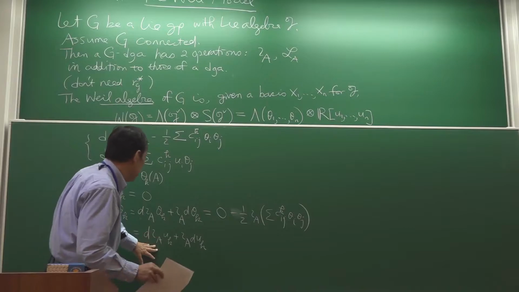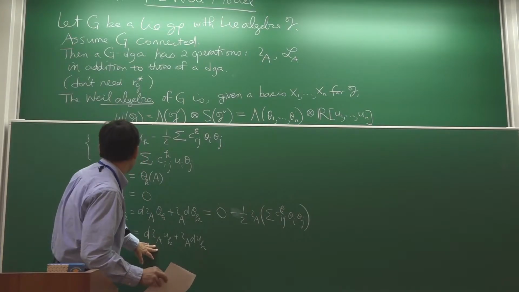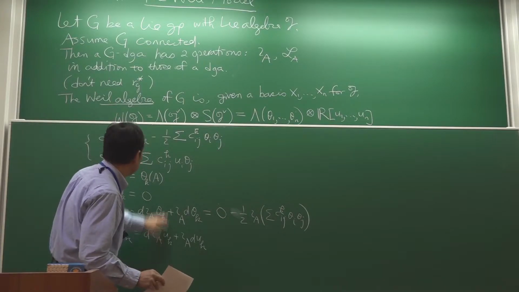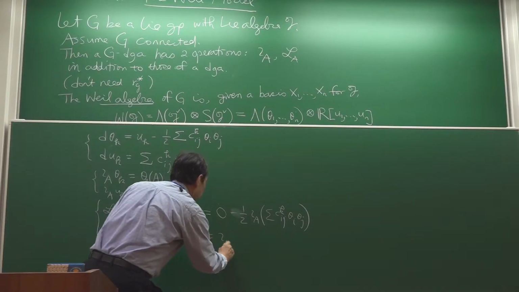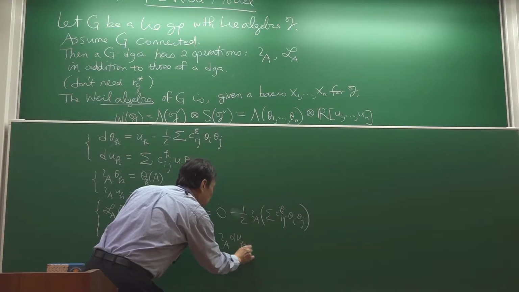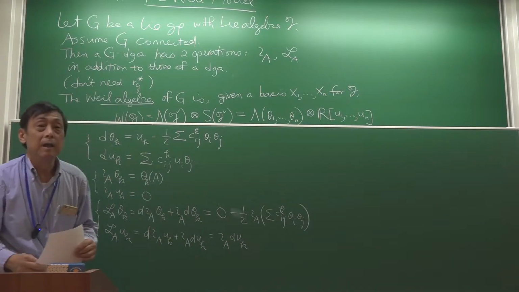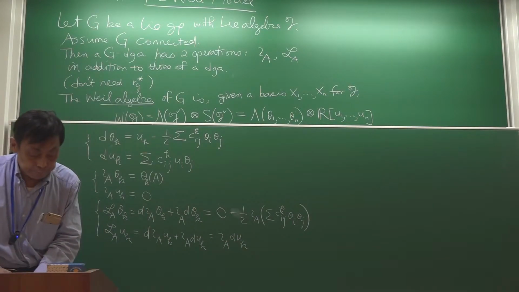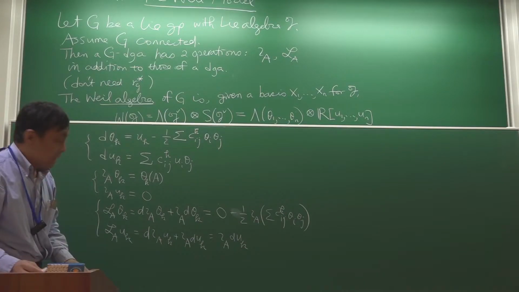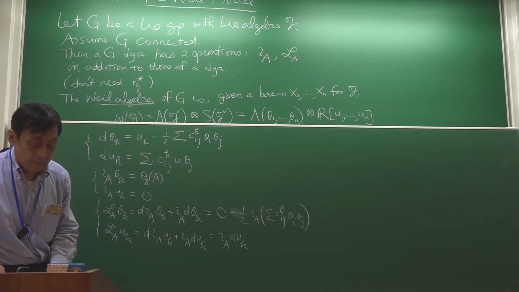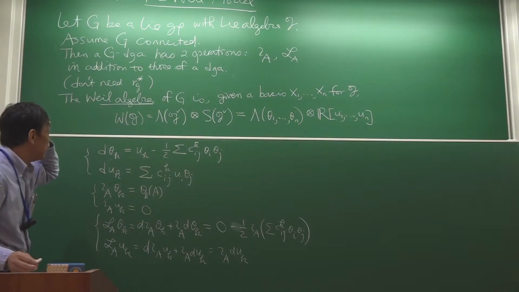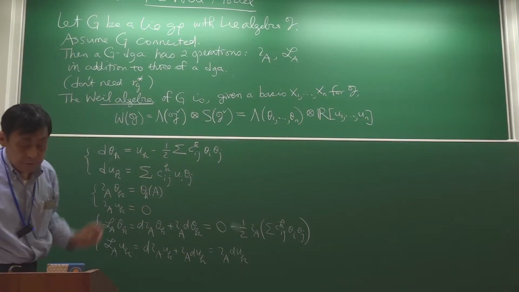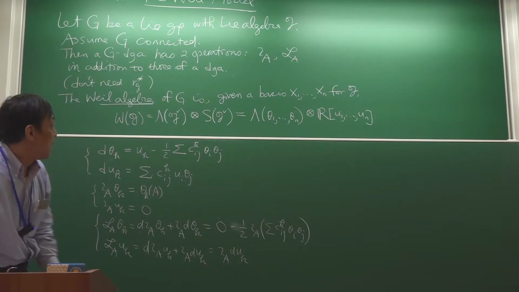Well, this will be 0, but this won't be 0. Yeah, it actually will be i_A du_k. Okay, yeah. So this makes the Weil algebra into a G differential graded algebra.